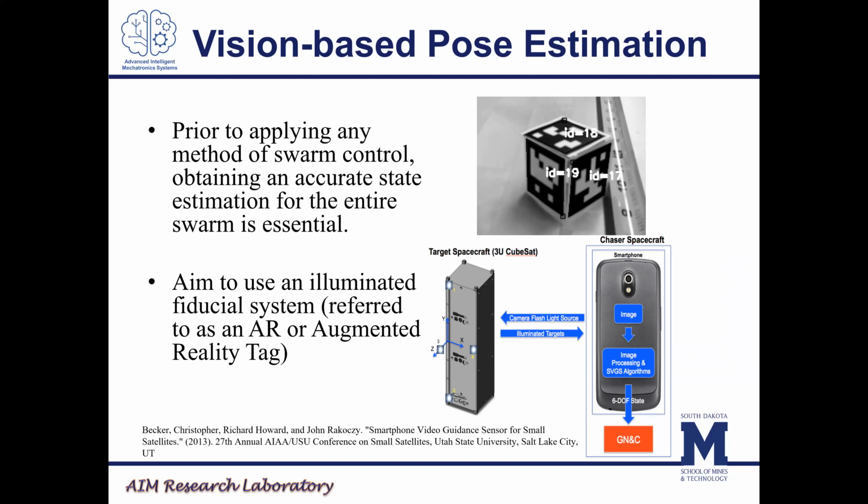That's basically just a black rectangle with a grid of black and white squares, or pixels, inside of it. We know how large that grid is supposed to be, and each individual tag has its own subset of pixels in there, so we can determine uniquely which tag is which. So we can identify which face of a CubeSat we're looking at. We can identify which CubeSat we're looking at in general, which is quite powerful.